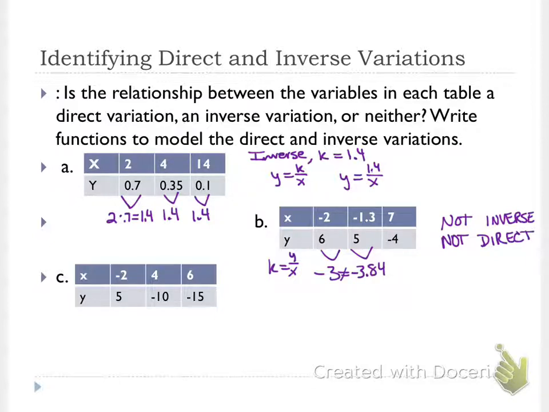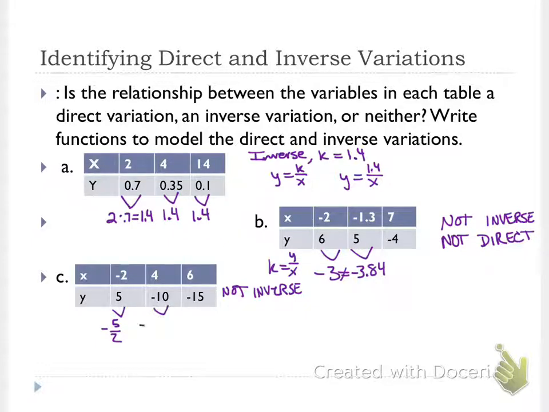Let's go over here to C. Again, we start with inverse. 5 times negative 2 is negative 10. 4 times negative 10 is negative 40. So it's not inverse. Maybe it's direct, so again, y over x. Negative 5 over 2.